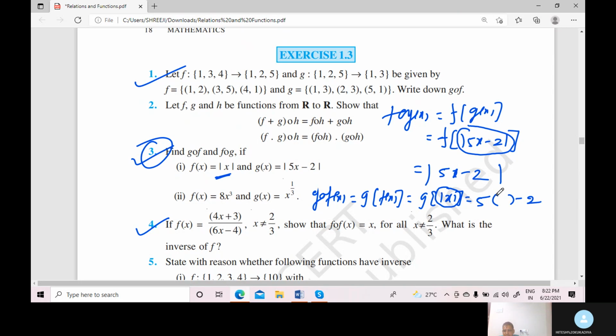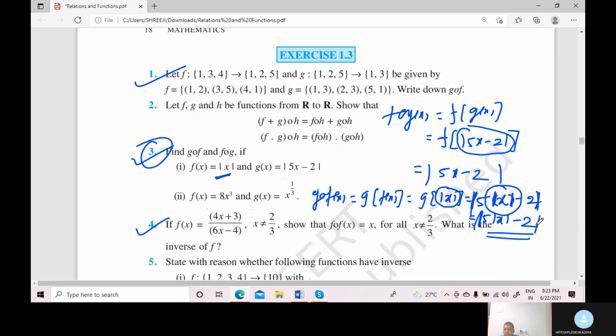So the final answer is |5|x| − 2|. Here we compulsorily take the modulus for the function g and the whole modulus again, because the g(x) function is the whole modulus of 5x − 2, and |x| is your x.